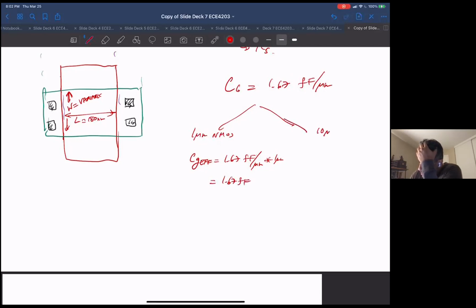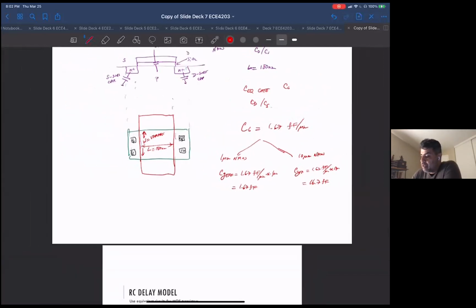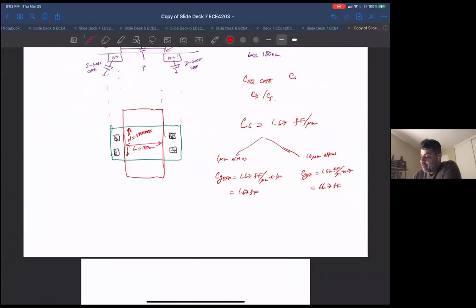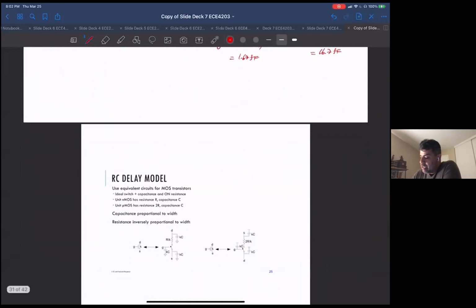In the case of a 10 micron NMOS, C sub gate effective would be 1.67 femtofarads per micron times 10 microns, which is equal to 16.7 femtofarads. And C sub drain and C sub source scale accordingly, but those will be different for NMOS and PMOS.